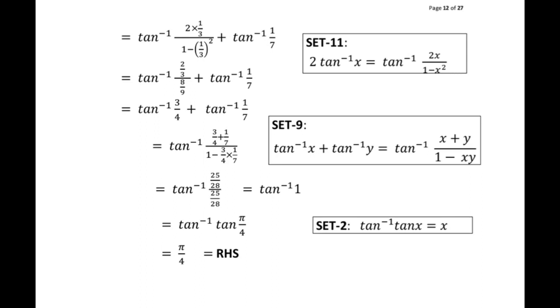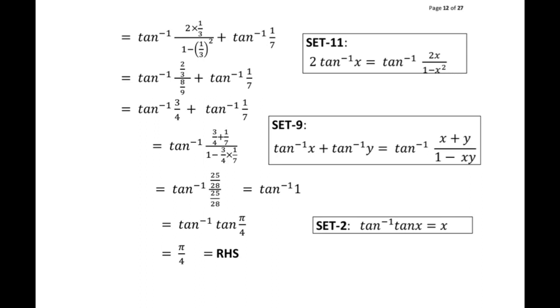Now we are in a position that we have to apply another formula from set 9, which is tan inverse x plus tan inverse y equals tan inverse (x plus y) divided by (1 minus xy), and we get the fourth step here, that is tan inverse (3/4 plus 1/7) divided by (1 minus 3/4 into 1/7), and after simplification we get the fifth step as tan inverse (25/28) divided by (25/28), that gives tan inverse 1.